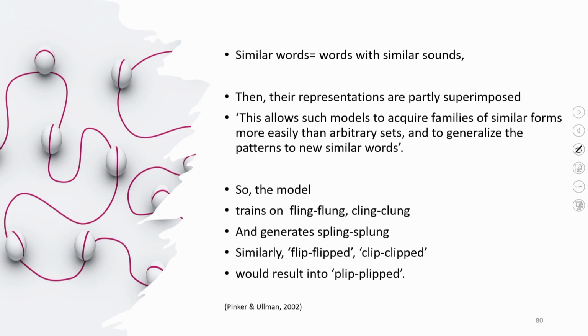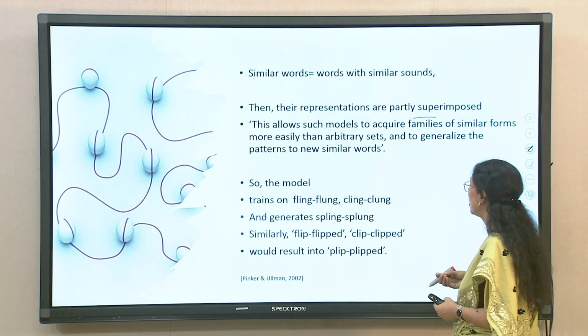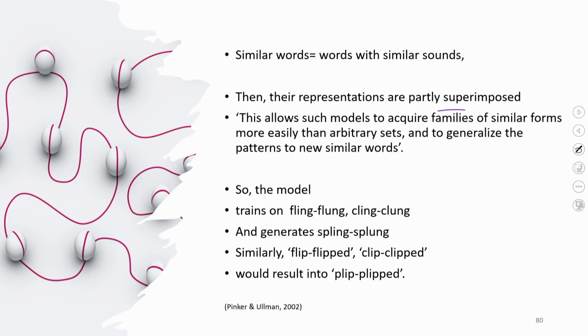So, similarity is on the basis of sounds, and then their representations are also partly superimposed. So, when you figure out the similarity, then the representations get superimposed. Now, this allows such models to acquire families of similar forms more easily than arbitrary sets, and then it generalizes the patterns to new similar words.